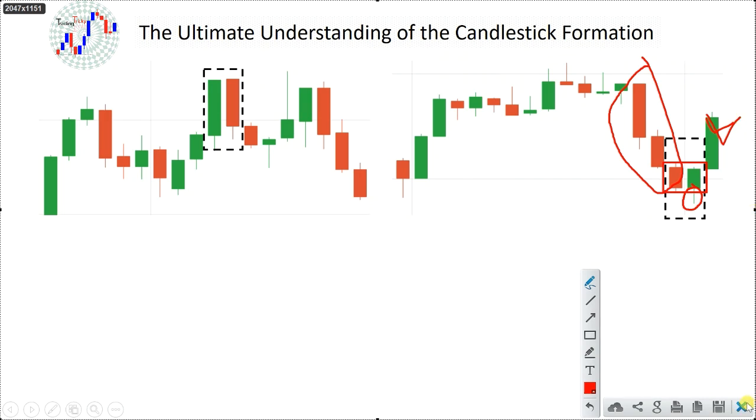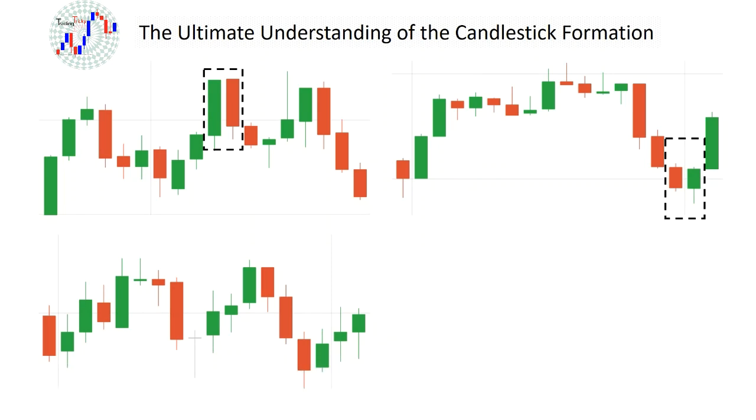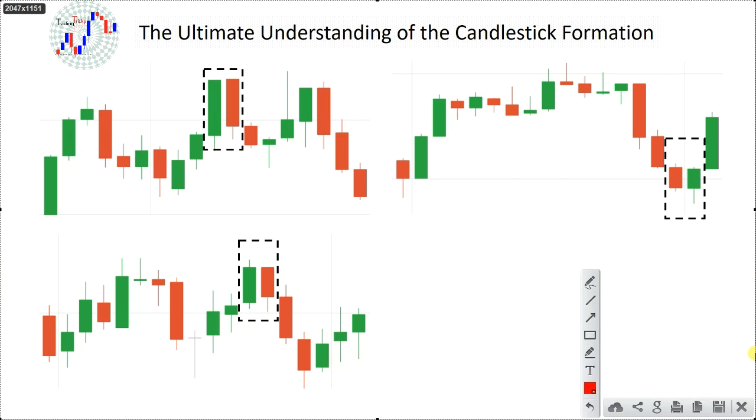Now let me show you another chart. Okay. Can you identify any tweezer tops or tweezer bottoms here? Okay, here it is. This is a tweezer tops pattern. See, this is kind of the same thing here, this tweezer tops and this tweezer tops are almost the same.